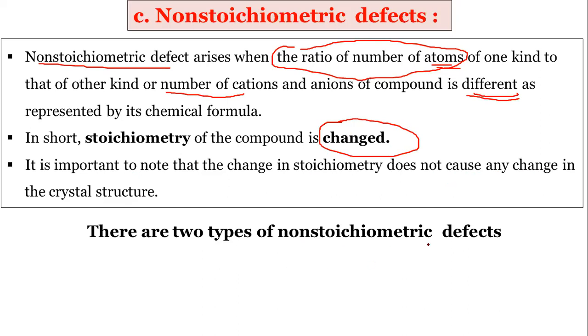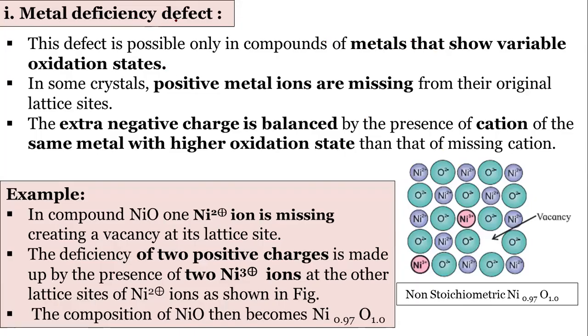Again, there are two types of non-stoichiometric defects. One is the metal deficiency defect, in which there is a deficiency of metal. This defect is possible only in the compounds of metals that show variable oxidation states. Remember, the metal should show different oxidation states. This is the first condition.